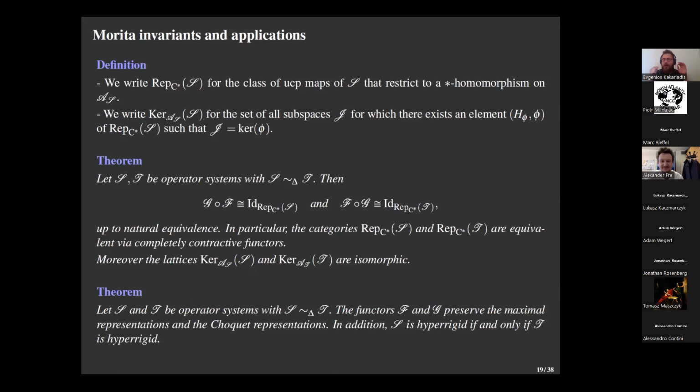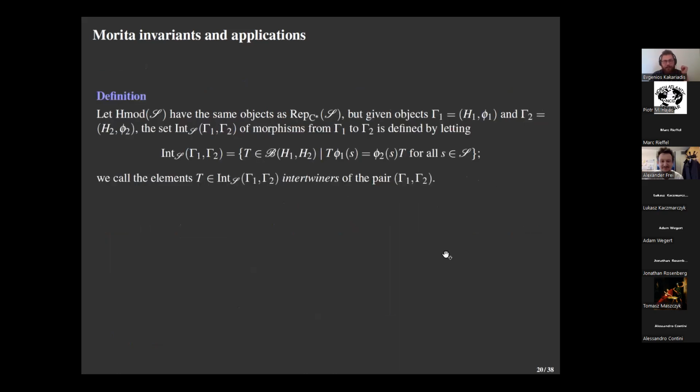I'm not saying it quite right. I'm hiding something here. But to give you an example, what would be for operator algebras, the self-adjoint operator algebra of the graph would be hyperrigid if the graph is finite. So hyperrigidity is a nice property that's preserved by delta equivalence.